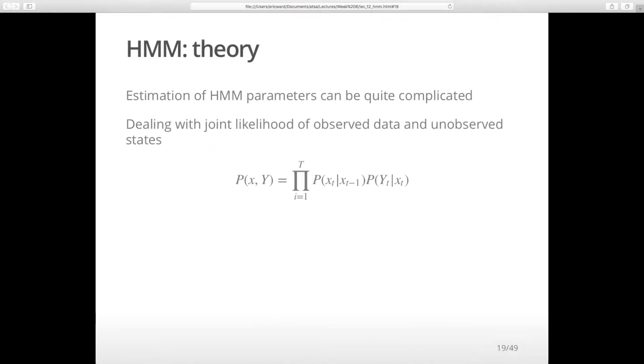Estimation in general for HMMs can be quite complicated because we're dealing with this joint likelihood of our observed data, the likelihood of y sub t given our latent state or latent process, the x sub t, as well as the likelihood of this underlying transition between states, which is the probability of being in x sub t given x sub t minus 1.